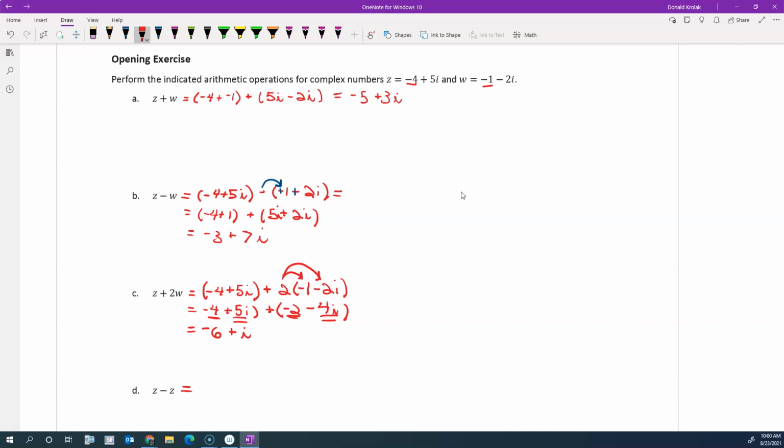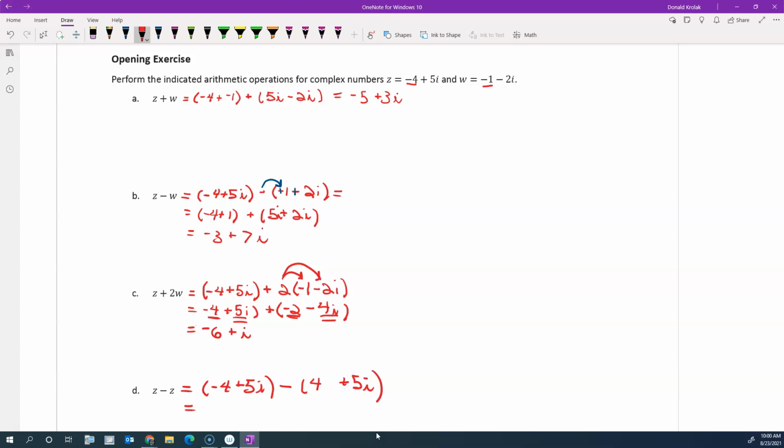All right, and then z minus w: -4 plus 5i minus 4 plus 5i. And we're just subtracting those.